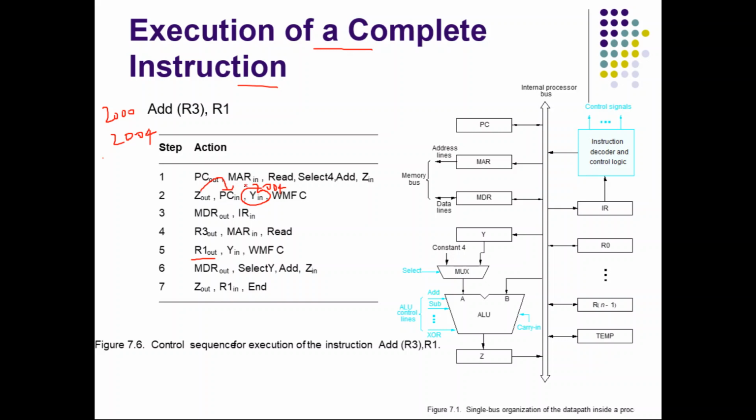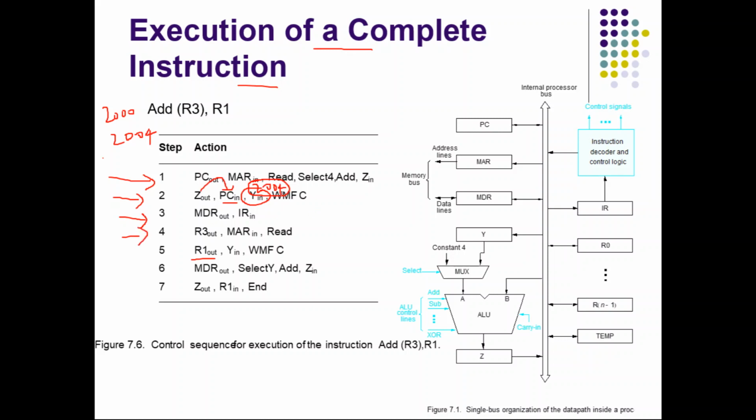But you might have asked why Y in comes into picture. Why should we keep this next address in Y in? The reason is that most probably you can expect that the normal flow is sequential flow. First instruction, then next instruction, then third instruction. Normally the flow will not be disturbed.